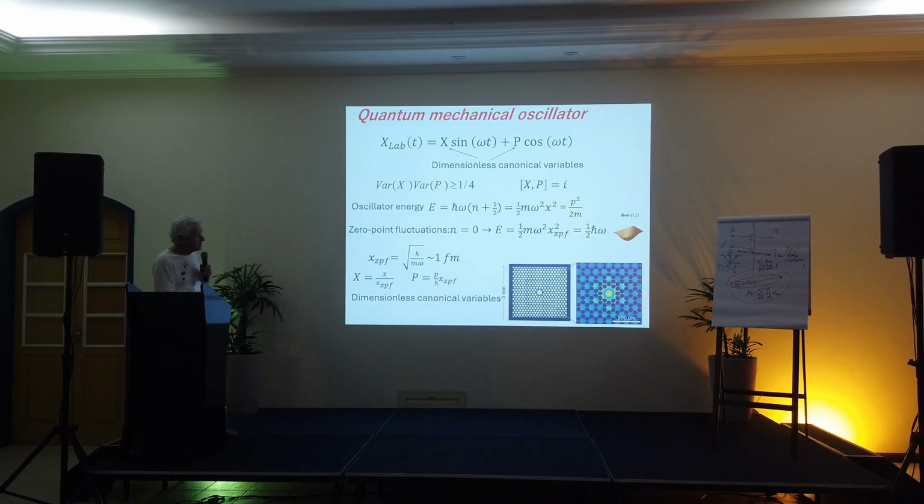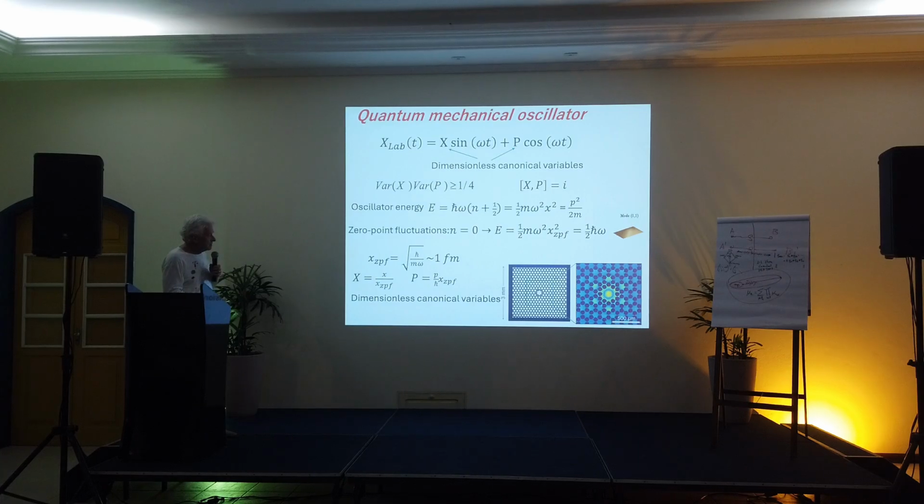So that's our oscillator. It's quite a visible piece of dielectric, the size of a fraction of a millimeter, very thin, but you can certainly see it. And it oscillates at a megahertz frequency.